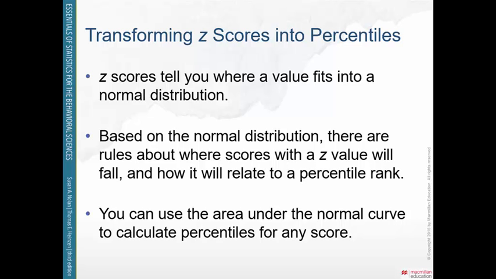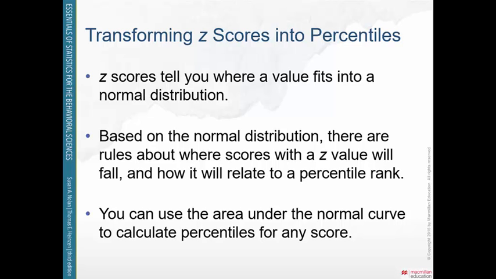If you're in the 40th percentile, it means you've scored above 40% of the people who took the test, and 60% scored above you. And of course, if you scored at the 50th percentile, you're right in the middle. You've scored above 50% of the people who took the test, and 50% scored above you.